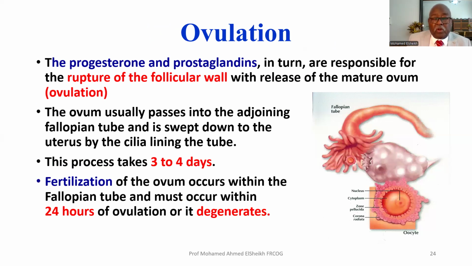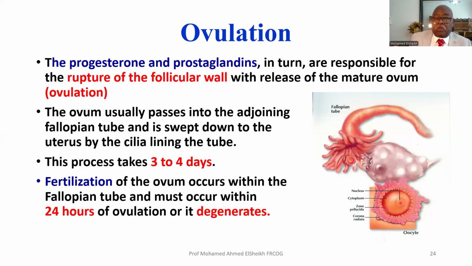Fertilization of the ovum occurs within the fallopian tube, and it must occur within 24 hours of ovulation, or otherwise the ovum will degenerate. And as we have mentioned earlier on, the life span of an ovum is just 24 hours.